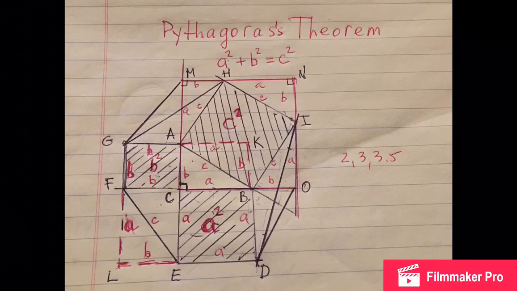Furthermore, these four triangles and another four triangles in the square MNOC are all equal to each other, and squares MNOC and GKDL are also equal to each other.